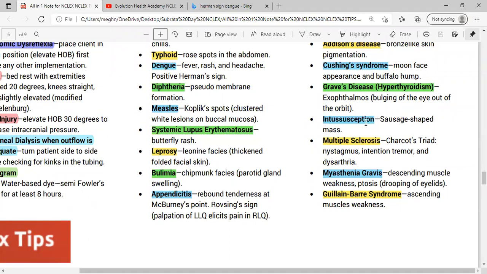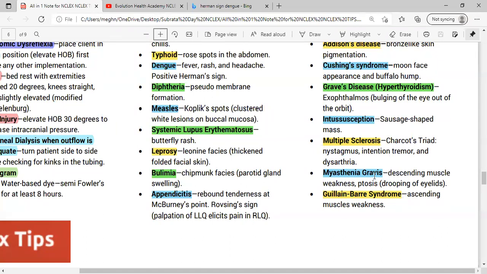Intussusception is a GI problem. In pediatrics, we find a sausage-shaped mass. In multiple sclerosis, we get three characteristic features called Charcot's triad: nystagmus, intention tremor, and dysarthria.